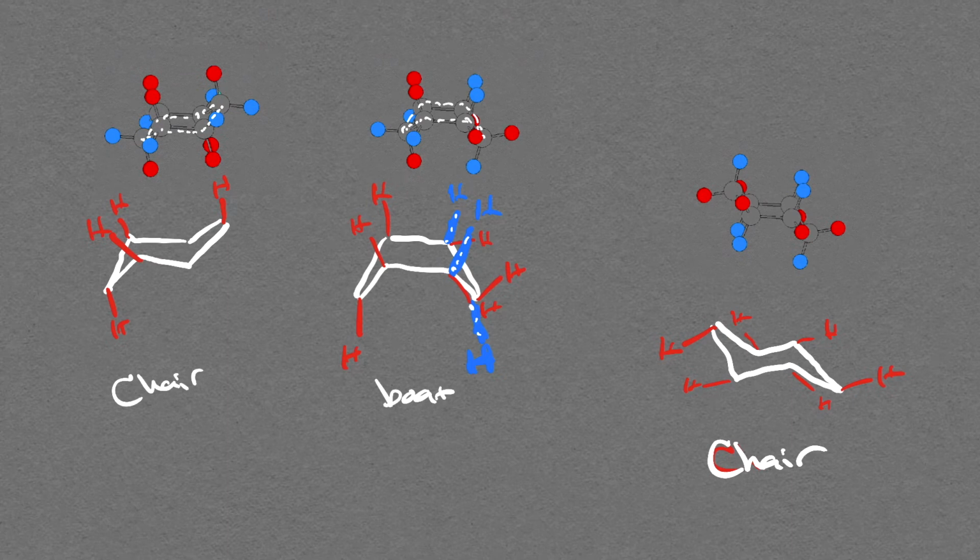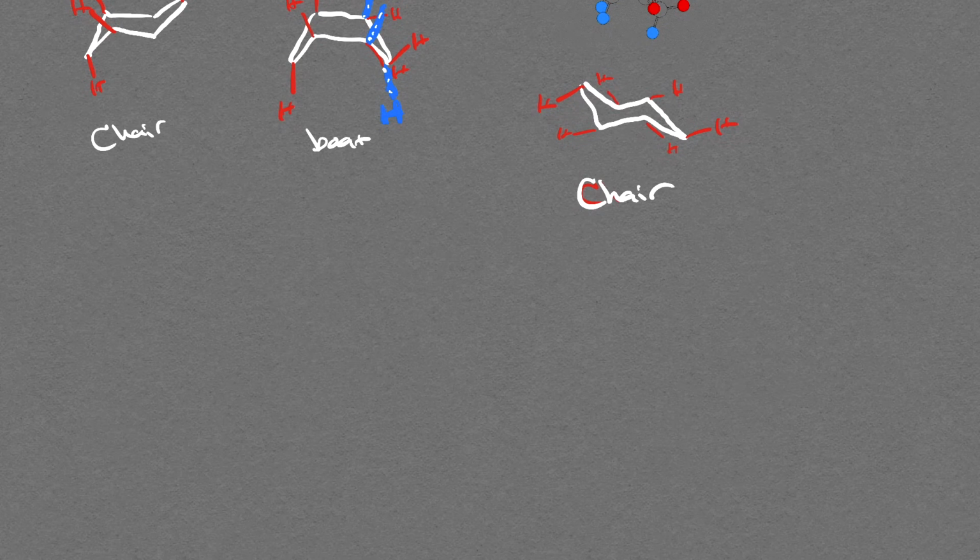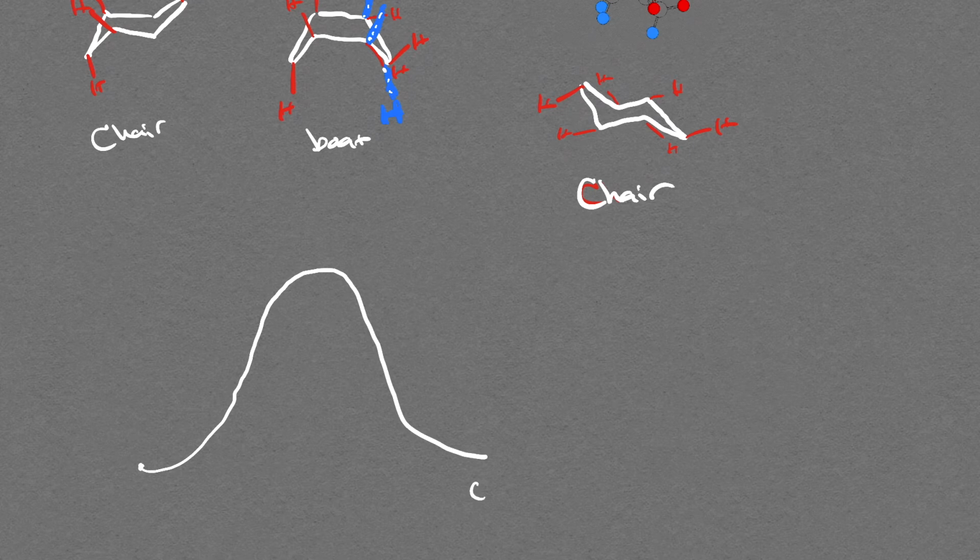If we were to plot the energy landscape of the chair-to-chair conformation as it goes through a boat, as I've just taught, you want to draw something where you have some initial chair conformation that then goes up through some higher energy boat conformation and then goes down into a chair conformation, right? But that's not the complete story. The chair-to-chair conversion actually has a number of minor steps that go in between chair and boat.